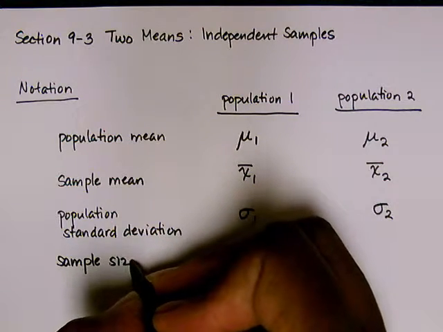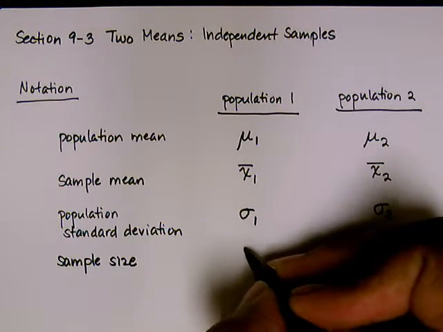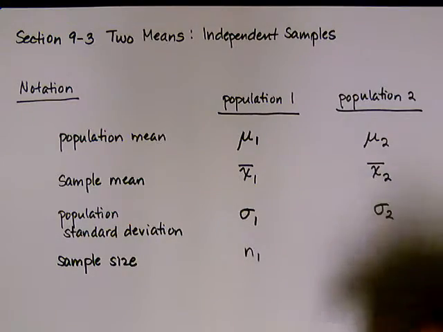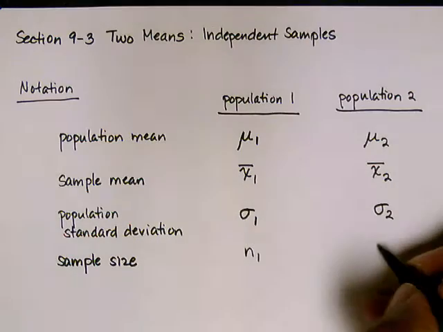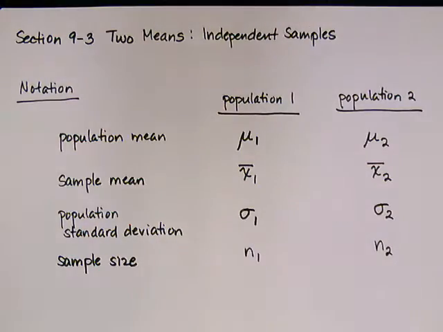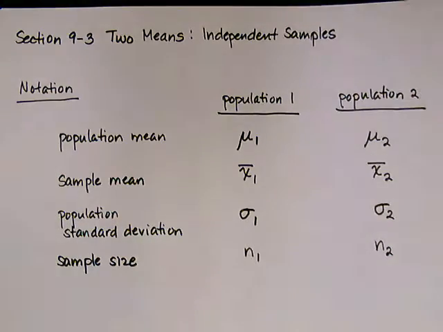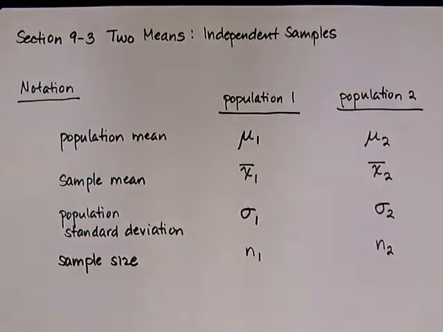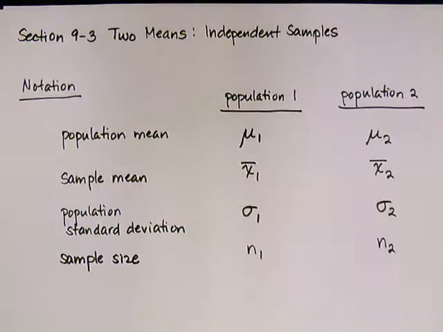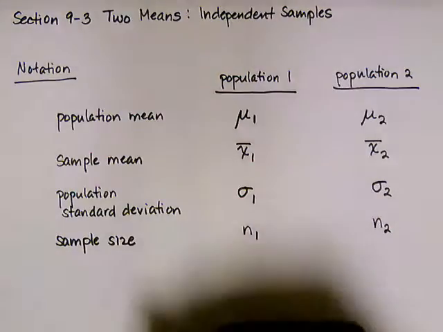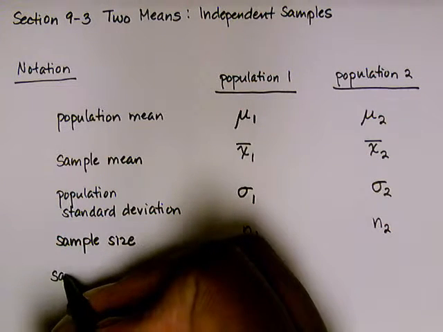For the sample size, that's usually n. So n1 is the sample size from the first population, and n2 is the sample size from the second population. And then finally you have your sample standard deviation.